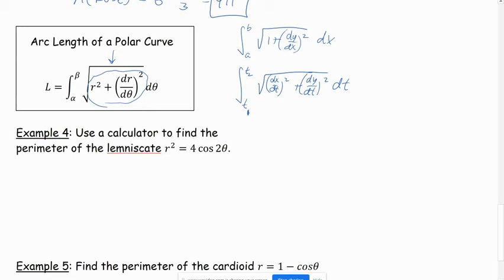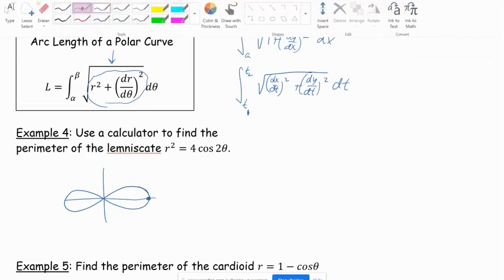And so for example 4, we'll use a calculator to find the perimeter of this figure, which looks like an infinity symbol. It's called a lemniscate. So let's just do one part of this curve, and then we'll multiply by 4.